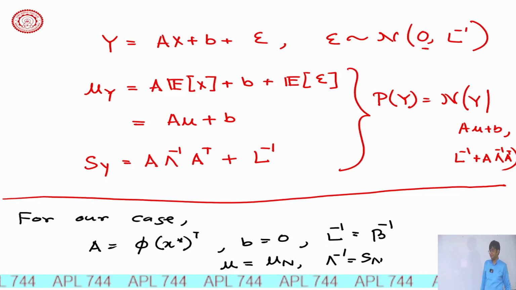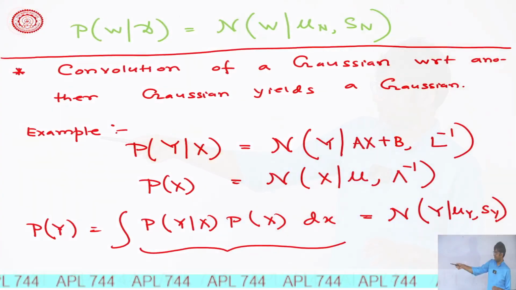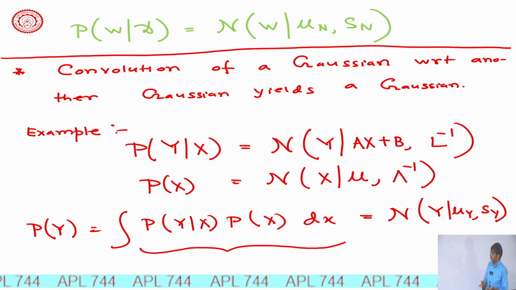What is your random variable here? When you are finding it out, is it W or is it X? Let me make it even simpler. Look at this expression. Whatever is constant, A, should not appear in the second probability.